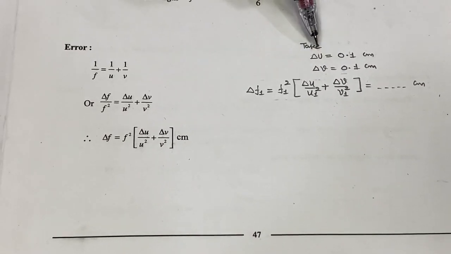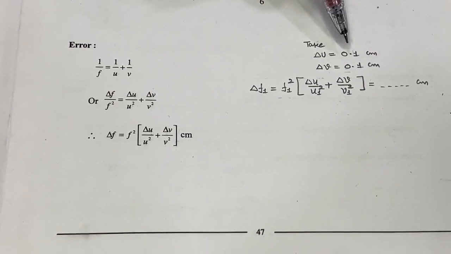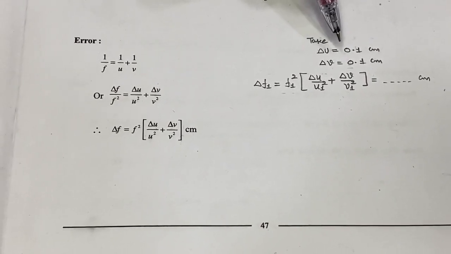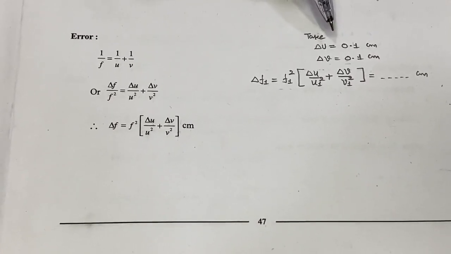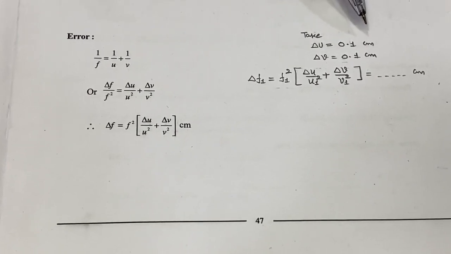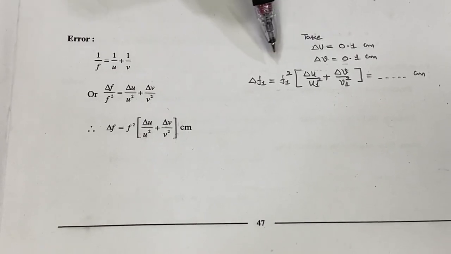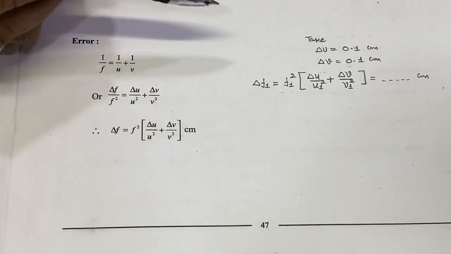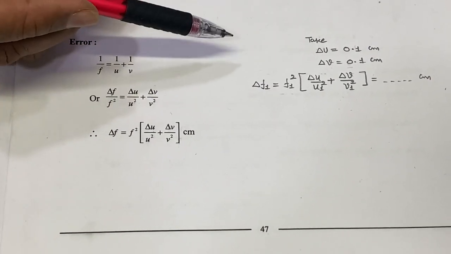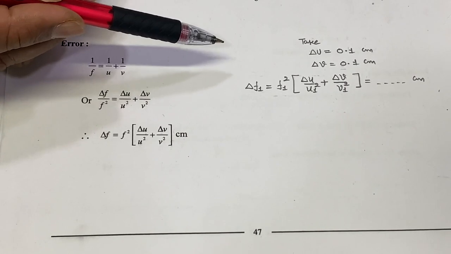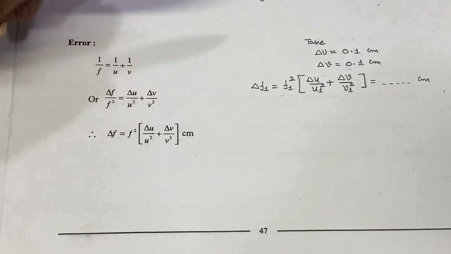Here take delta u and delta v as 0.1 centimeter, because we use the scale to measure the object and image distance, for which the least count is 0.1 centimeter. So the possible error is 0.1 centimeter. In this way calculate delta f1, delta f2, delta f3 up to delta f6, and then find the maximum possible error from these 6.